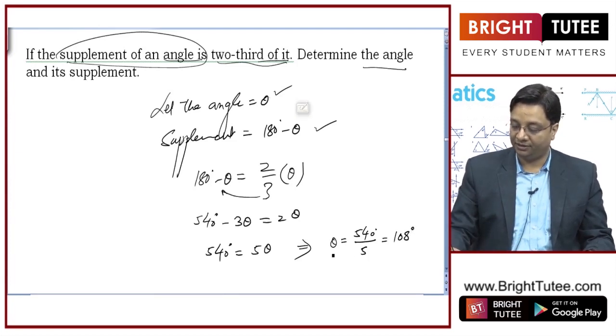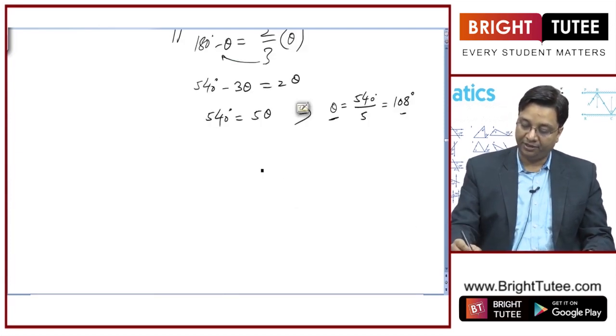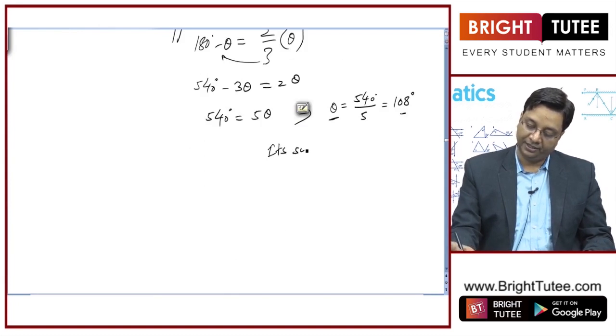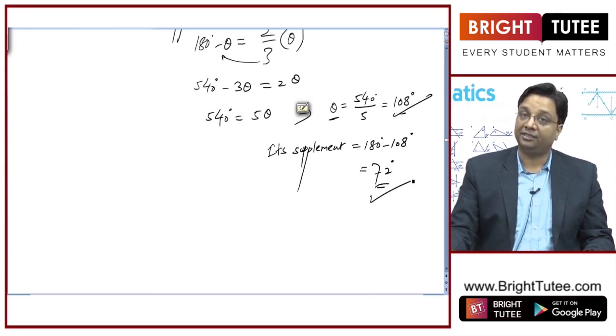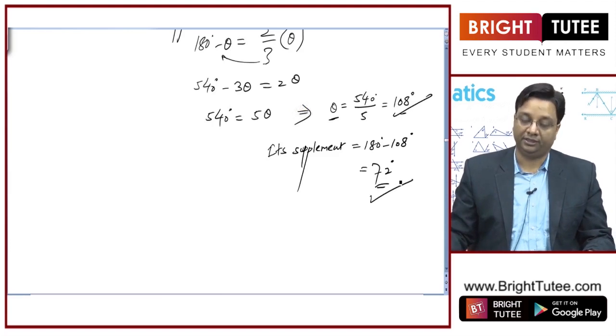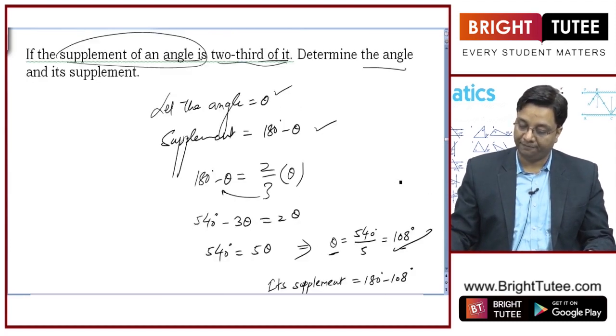So this is the angle, and its supplement obviously will be 180 minus 108, that is 72 degrees. So the angle is 108 and its supplement is 72 degrees. Okay.